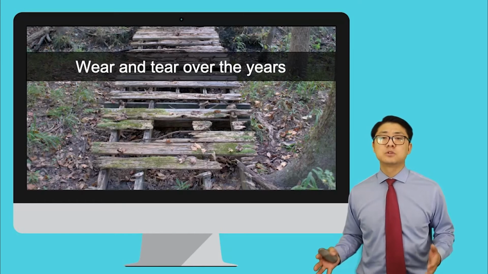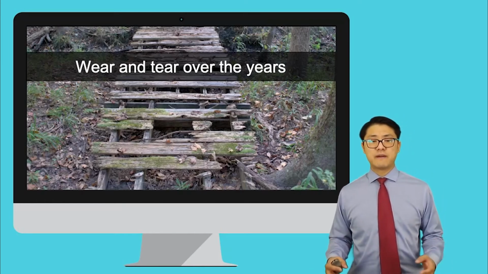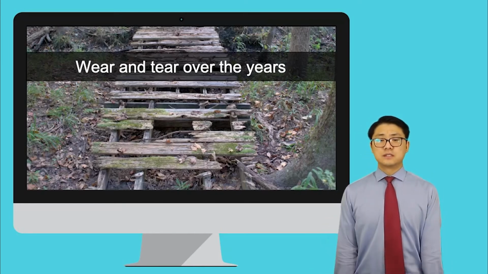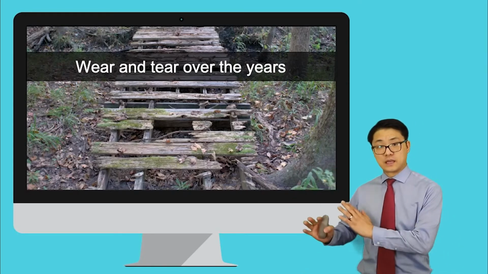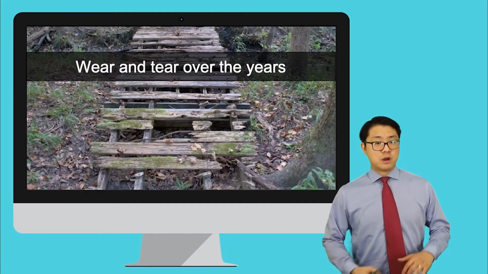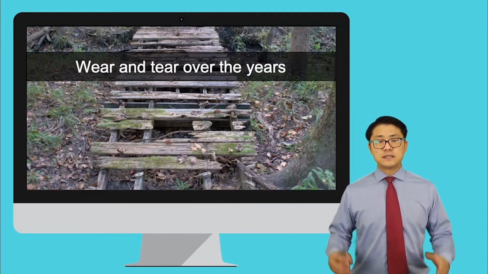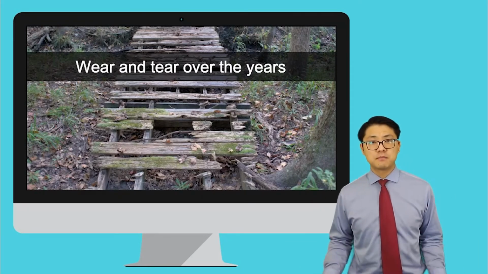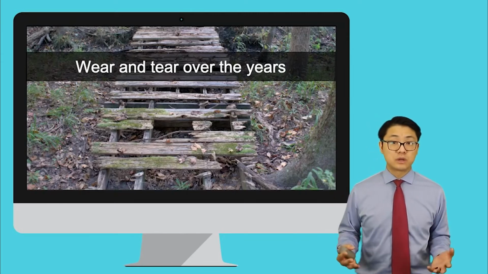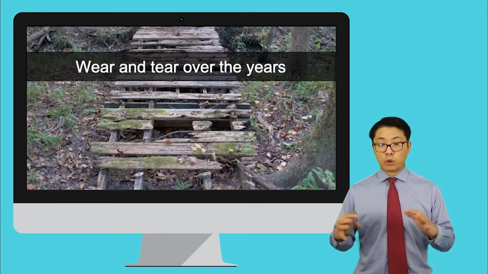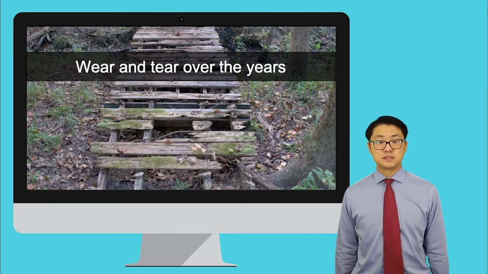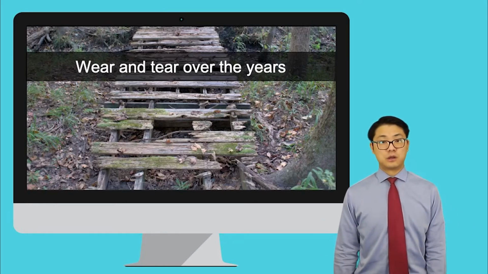And as time would go on, the bridge would have its wear and tear. Sometimes when there's something too heavy, there's a boom, a nick here, boom, a crack there. And as this continues to happen over time, the bridge will get weaker and weaker. And as you see in this picture, the bridge is torn apart in a lot of different places. There's moss growing on the bridge.